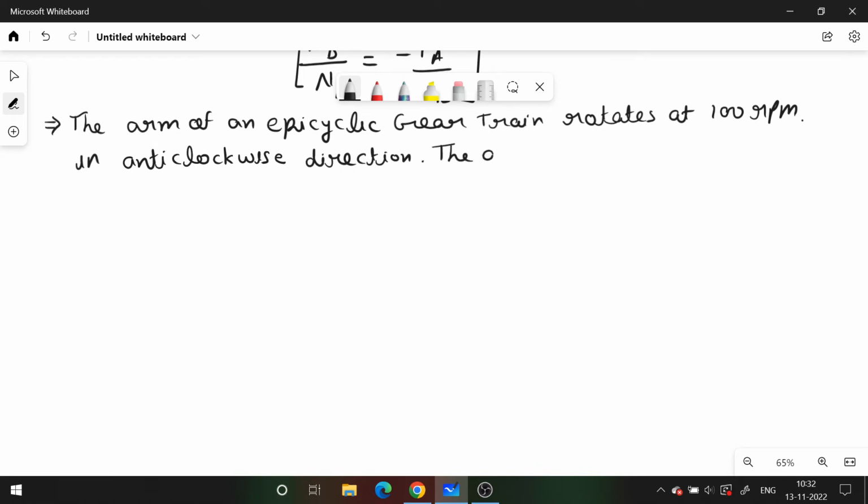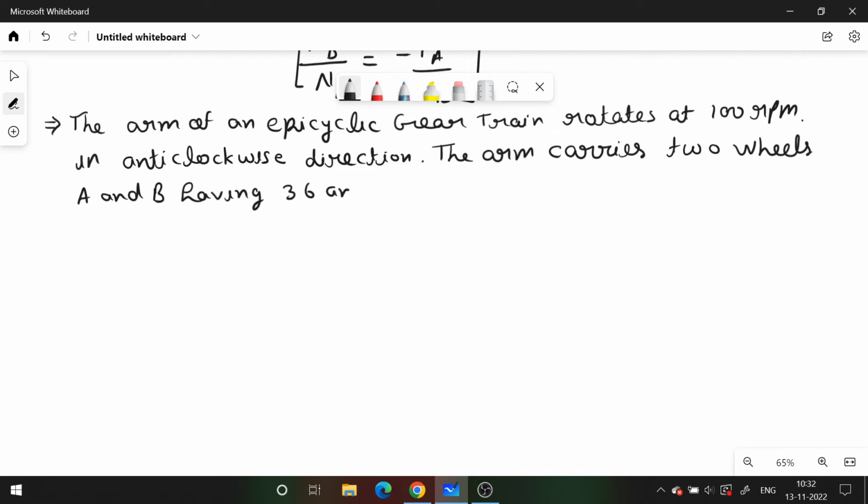The arm carries two wheels A and B having 36 and 45 teeth respectively.